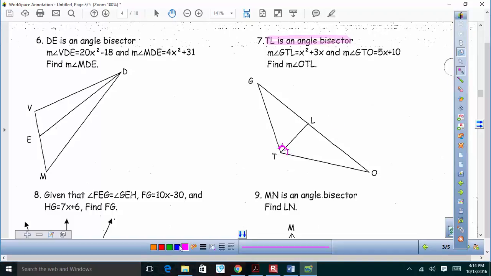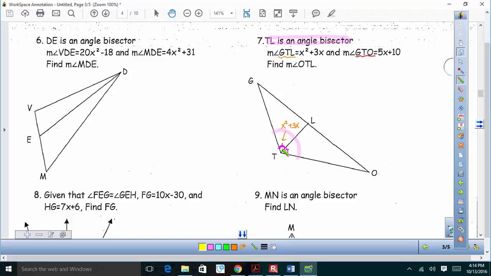Then it tells me GTL, so if I started at G, went to T, went to L, this angle right here is x squared plus 3x. And then it tells me GTO, that's talking about this whole angle right here.